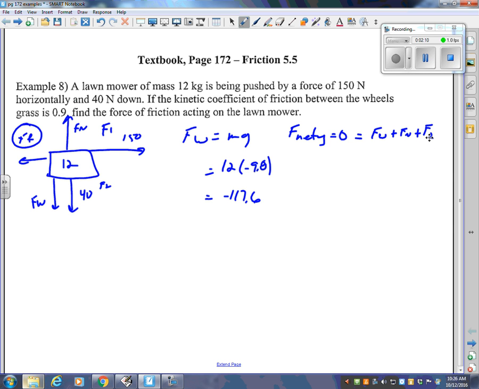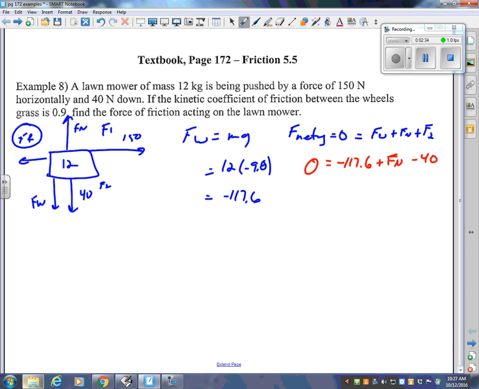So let's plug in what we know. We got 0 is equal to my weight force minus 117.6. I'm solving for normal force, Fn, and the F2 is the 40. And that 40 should be negative, exactly. Okay?